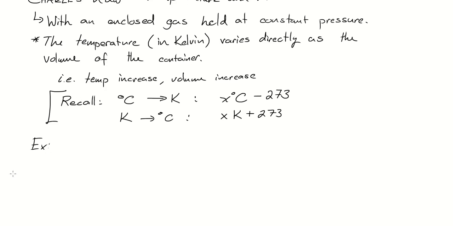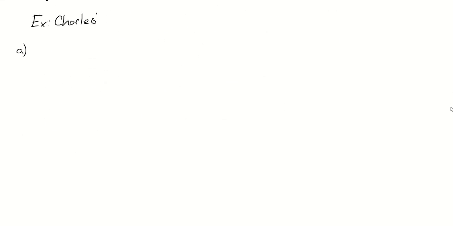On example, we're just going to say that this is Charles' example, because we're doing Charles' Law. Our first example, I think, is Boyle's Law. We're going to be dealing with Charles here. Okay, here we go. We are told the following information. We have a balloon that is a 2-liter balloon.